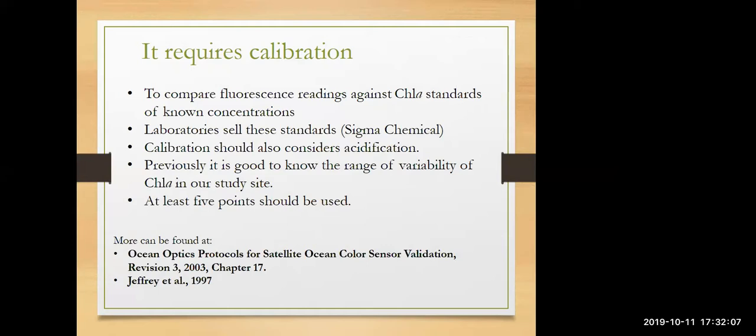Laboratories sell these standards, for example, Sigma Chemical. Calibration should also consider acidification. It is good to know beforehand the range of variability of chlorophyll in our study sites in order to prepare our calibration considering the range of chlorophyll observed in the field. It is recommended that at least 5 points be used.